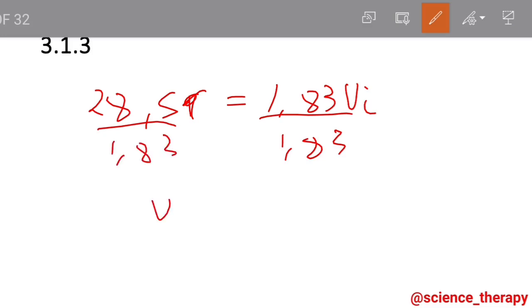Now our VI becomes 15.62 meters per second. So you see why, even though ball B was thrown 1 second later, it still arrived at the same time with ball A, because ball B was thrown at a much greater velocity. So it was able to catch up with ball A, right?